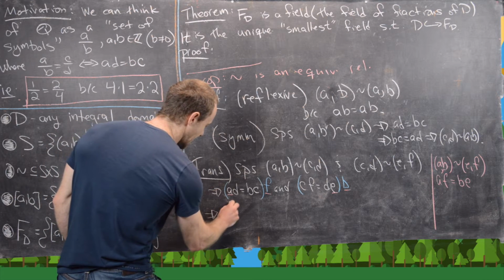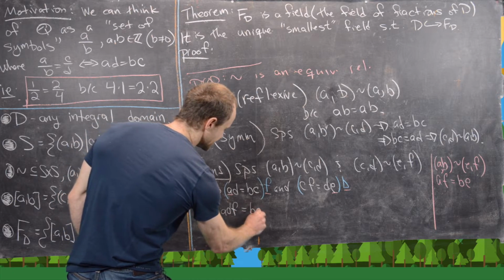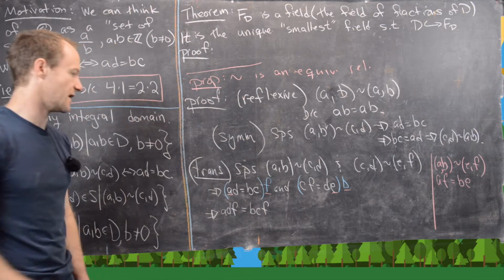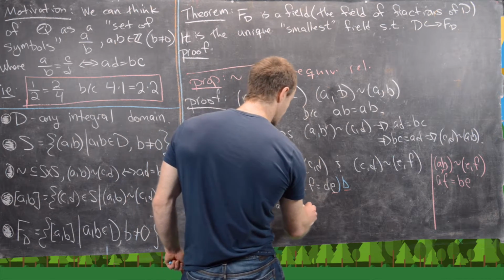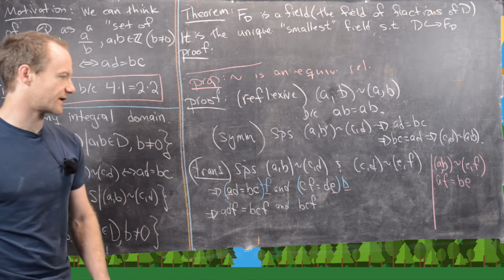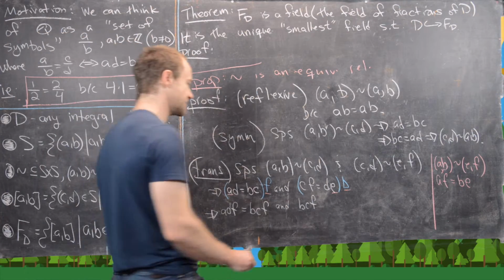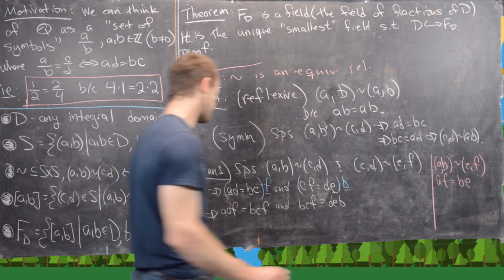This gives us ADF equals BCF. Great. And then over here, we have BCF. Remember, integral domains are commutative rings, so I can commute things around. And then this is going to give me DEB.